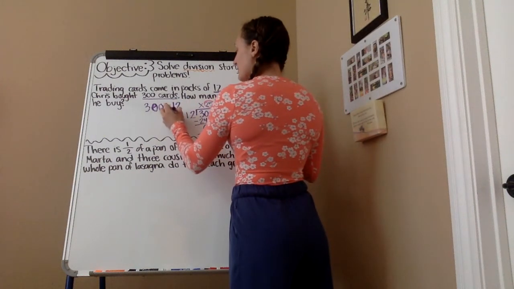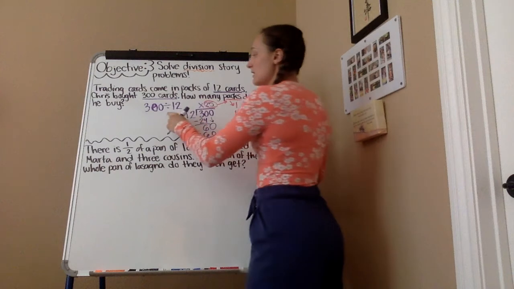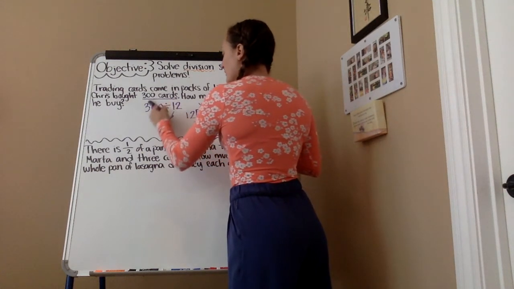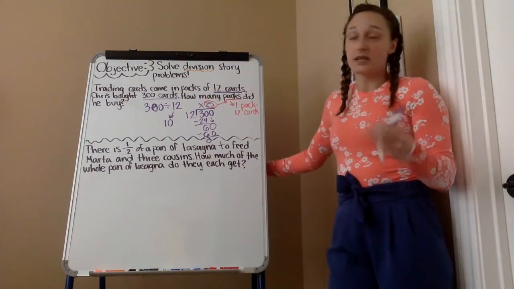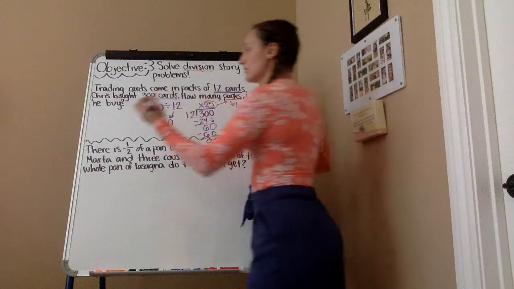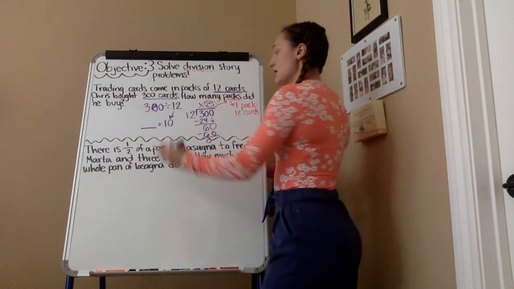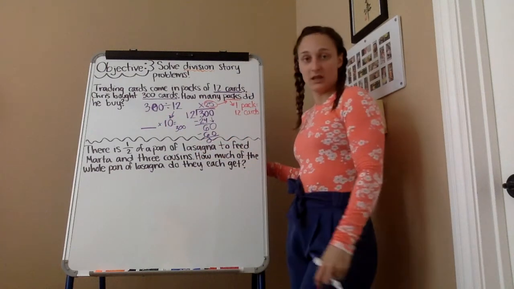It's very close to the number 10. I'm going to rewrite that because I'm sure you cannot see how small I wrote it. 12 is very close to the number 10. So what I'm going to think of is what times 10 would give me 300.